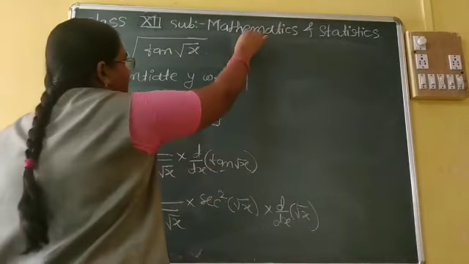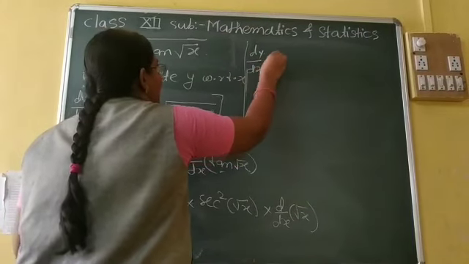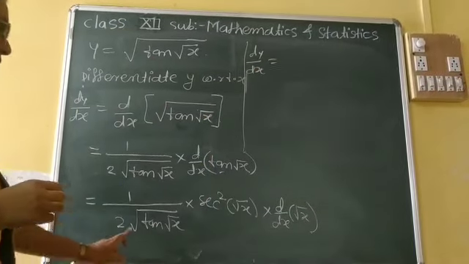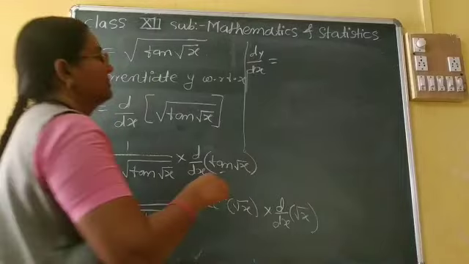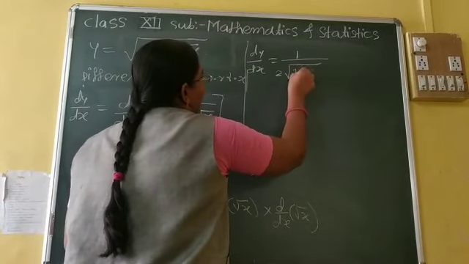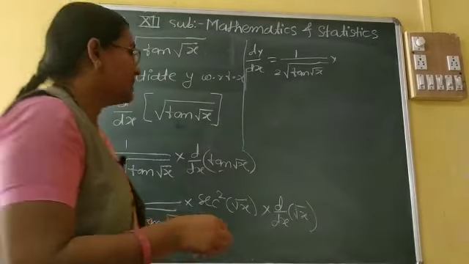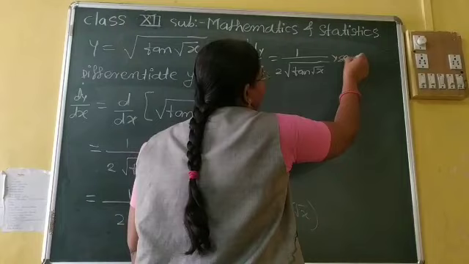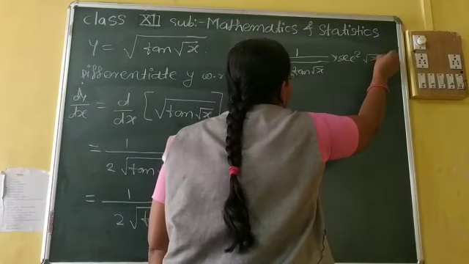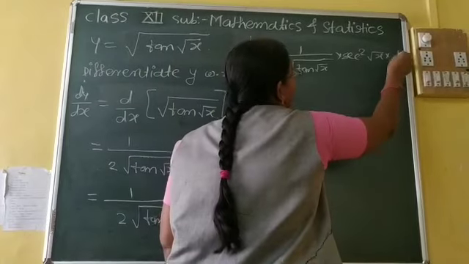That becomes dy by dx is equal to 1 upon 2 root of tan of root of x into sec square of root of x into derivative of root of x, which is 1 upon 2 root of x.